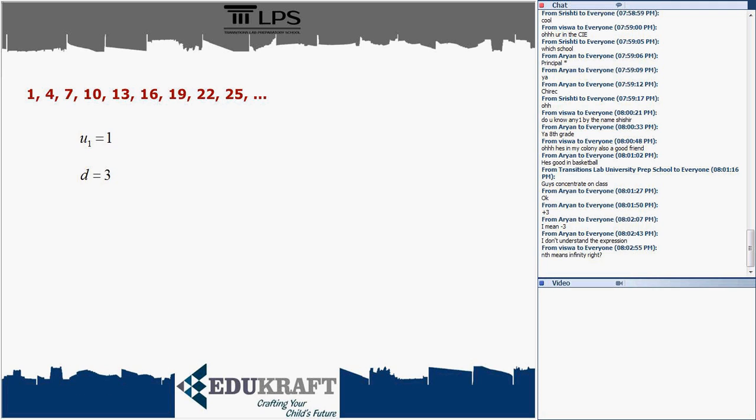So U1 is 1, Un is 1 plus (n minus 1) times 3, so you have 1 plus 3n minus 3, which equals 3n minus 2. Using the expression for the sequence on your screen.